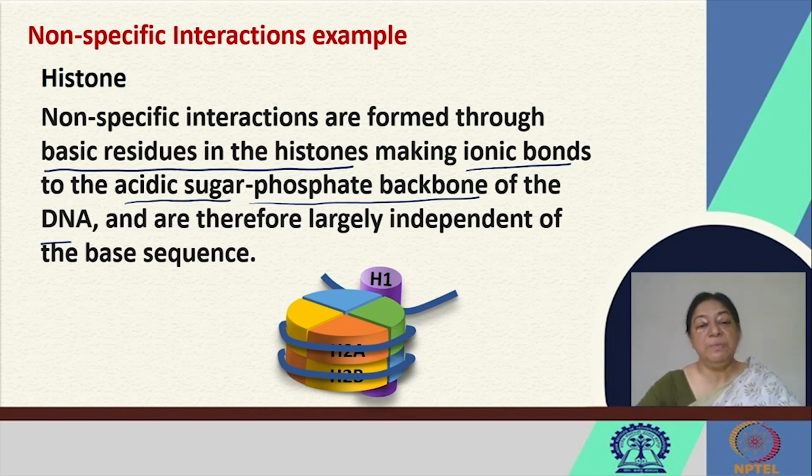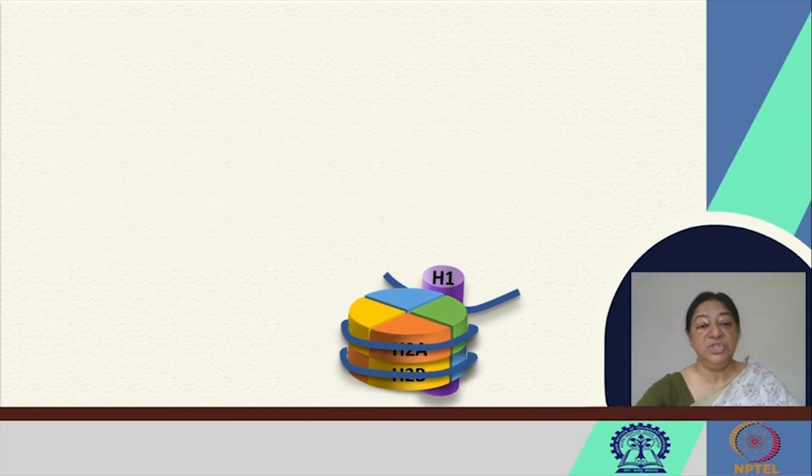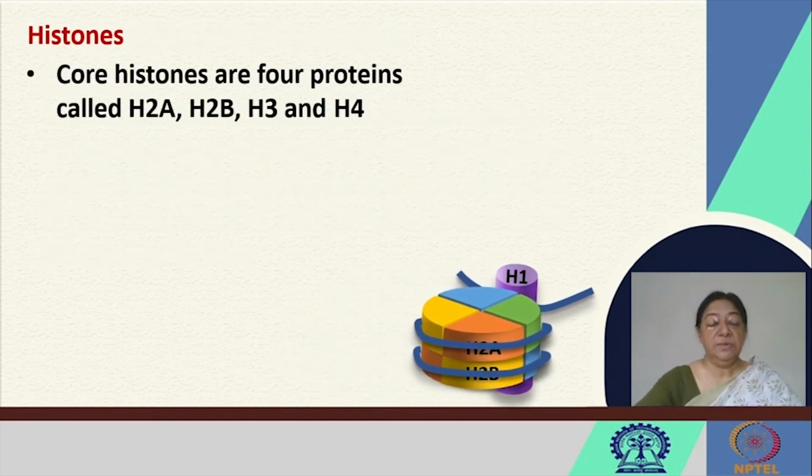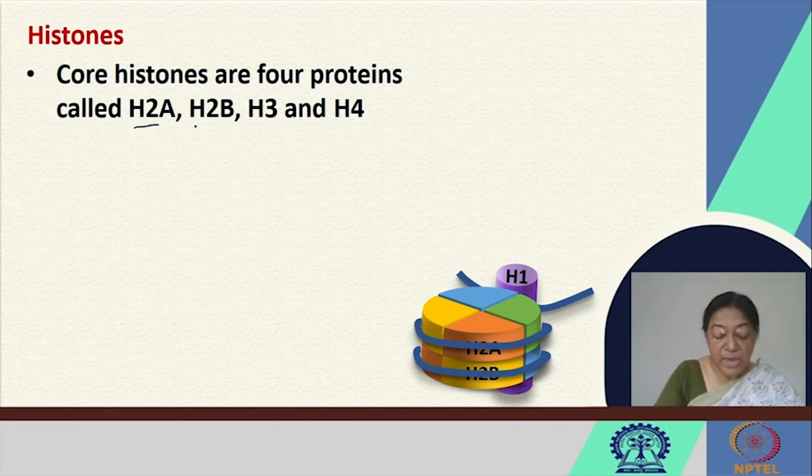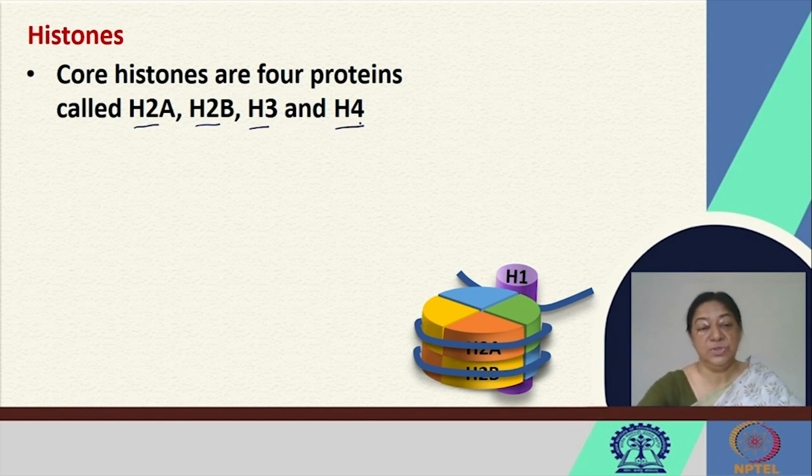The sugar phosphate backbone being negatively charged, their protein interactions with specific amino acids are important. The core histones are four proteins that are referred to as H2A, H2B, H3 and H4 histones.